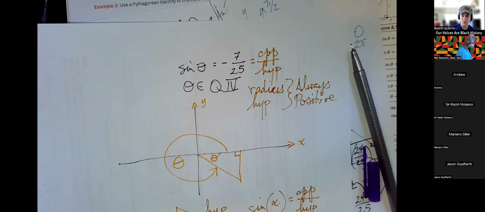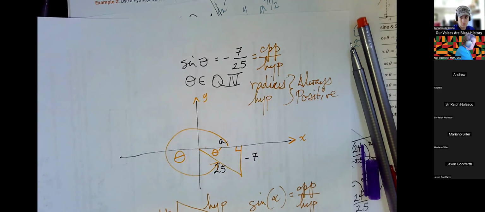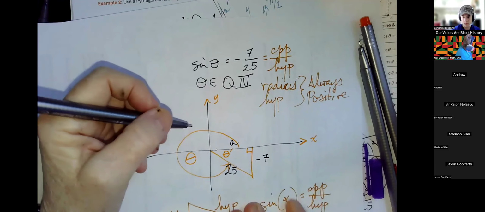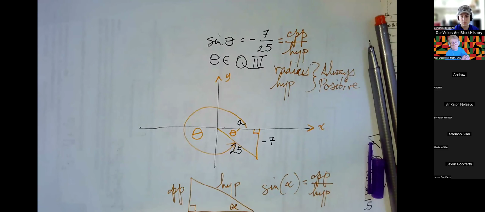Now we're going to use the Pythagorean theorem, just like we did before, to find the missing side. I'm going to call it A because it's the horizontal side. How can we find A?